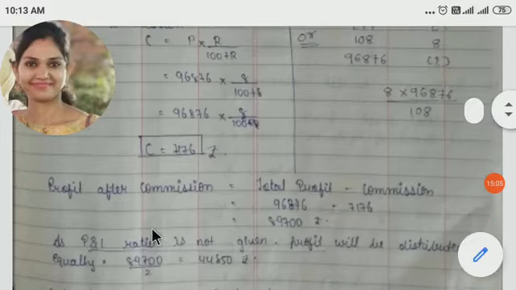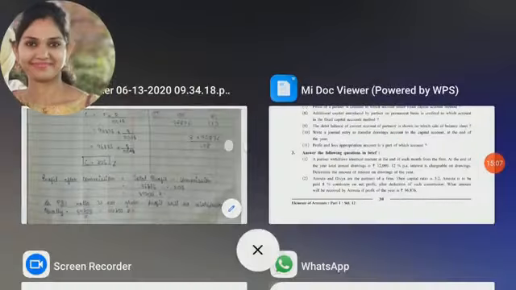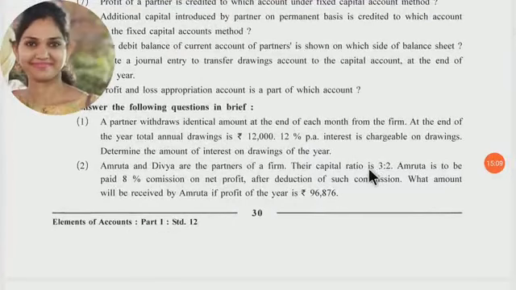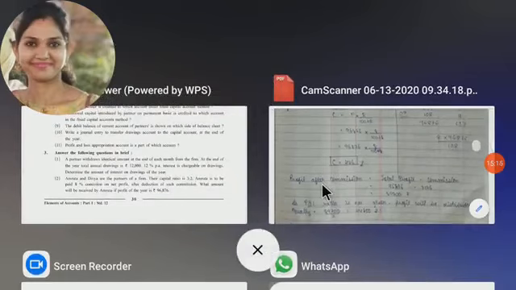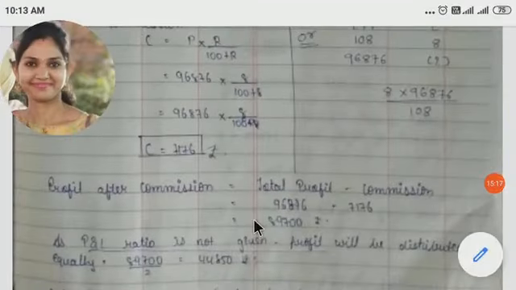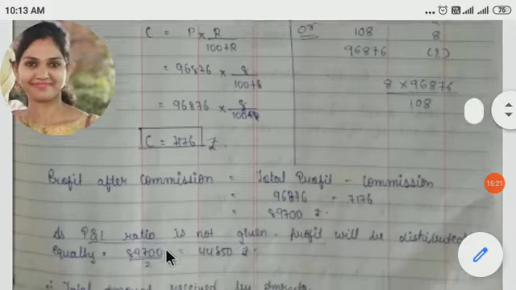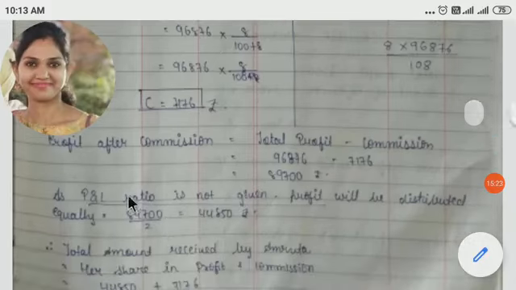Here in the question, their capital ratio is given as 3:2. But to distribute the profit we need a P&L ratio, and the P&L ratio is not given, so the profit will be distributed equally. 89,700 divided by 2 is 44,850 rupees.